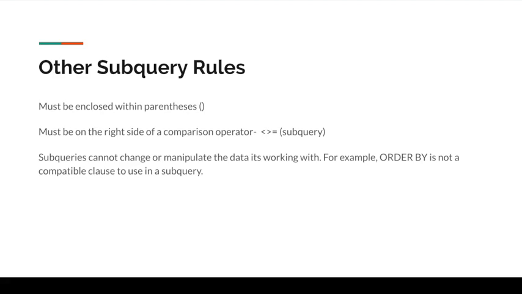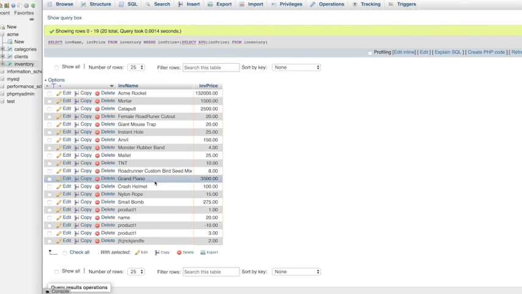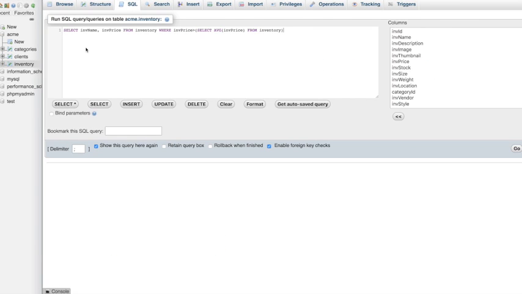So I'll show you an example over here on the database. This is our full statement. Here within the parentheses, this is our subquery. It's saying we want to find the average price from our whole inventory. We've got some things for sale, so what is our average price within our inventory?